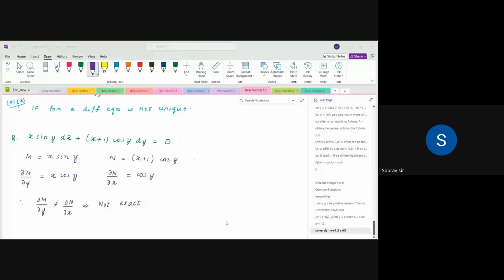So just not exact. Not exact, right? Correct. Okay, others? It's coming out not exact.